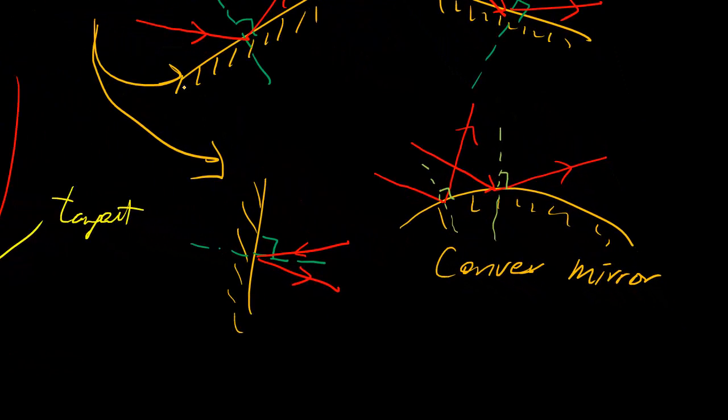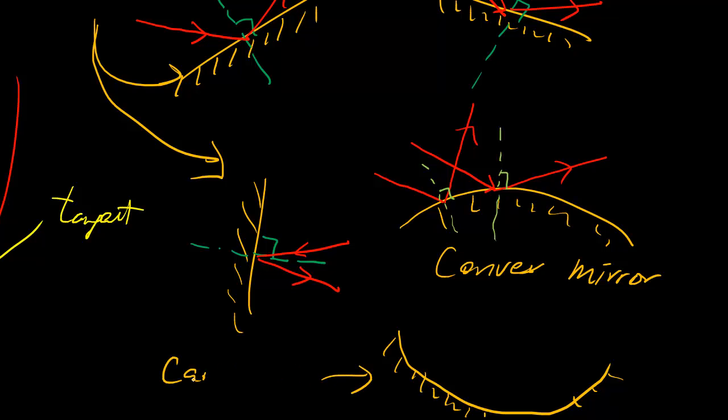And by the way, there is one more thing, the opposite of the convex, which is the concave mirror. So you can also imagine how the normal line looks, which varies along the whole mirror. Some of them will be like this, and some of them will be like this.